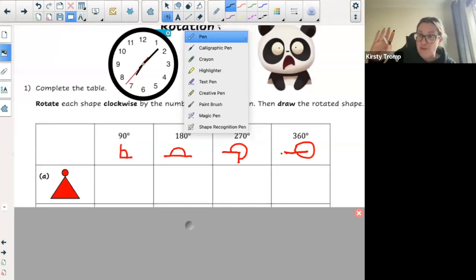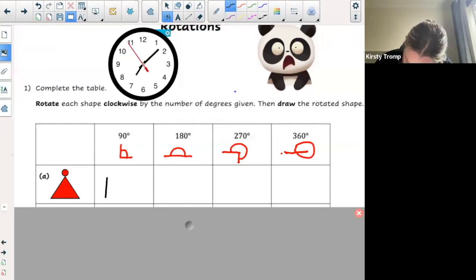If I am doing it by 90 degrees, do you agree, I've kind of pushed it over onto its side. So if I'm pushing this over by 90 degrees, then this triangle is going to look kind of like that. So there's my triangle.